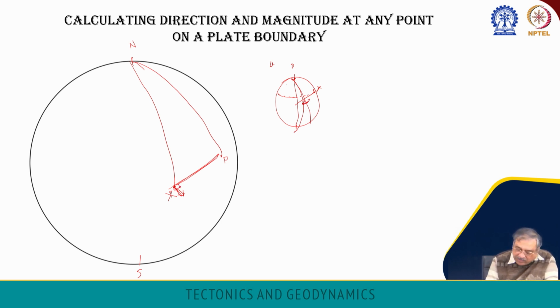So with respect to the arc PX, which is a line of longitude with respect to the Euler pole of rotation P here, this must be equal to 90 degrees, and this angle is C. So this vector here, the direction must be equal to 90 plus capital C. But how do we find out capital C here? This is something we don't know. C is equal to what?